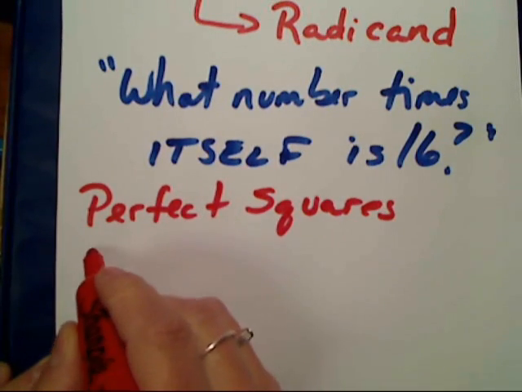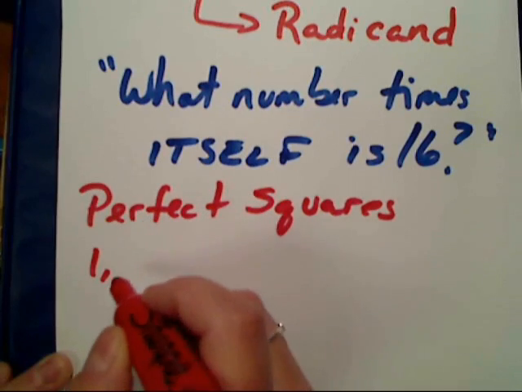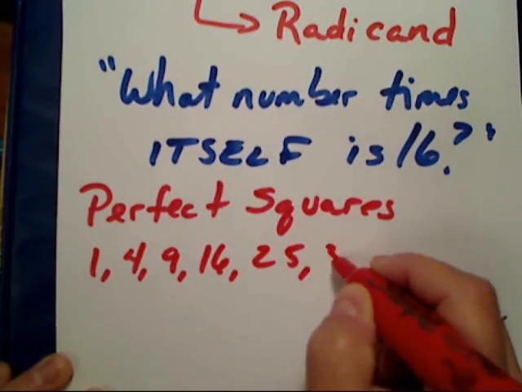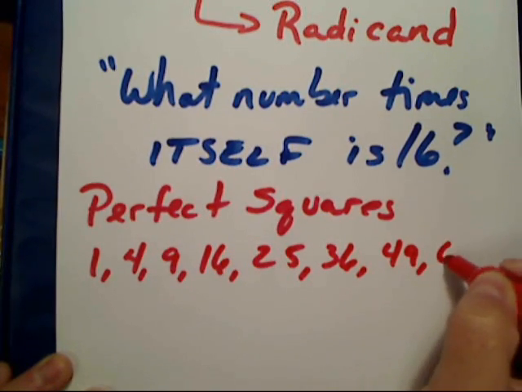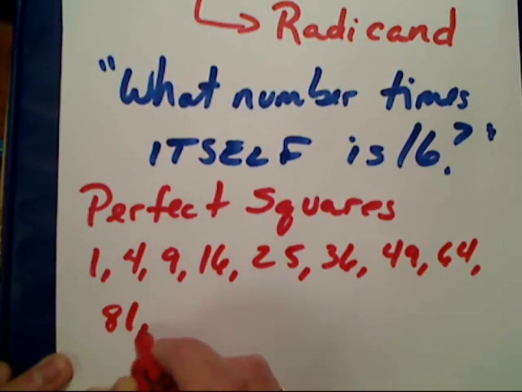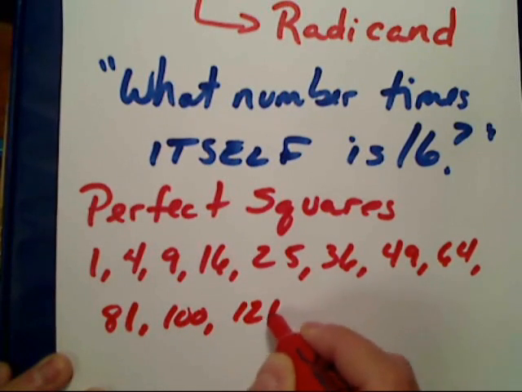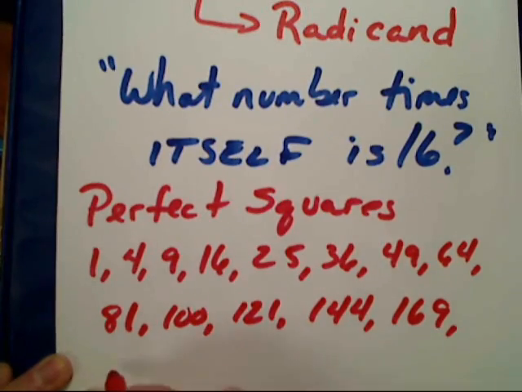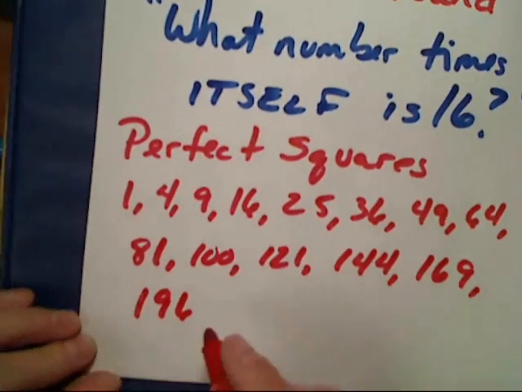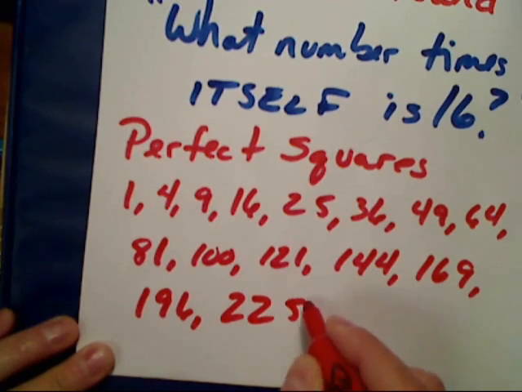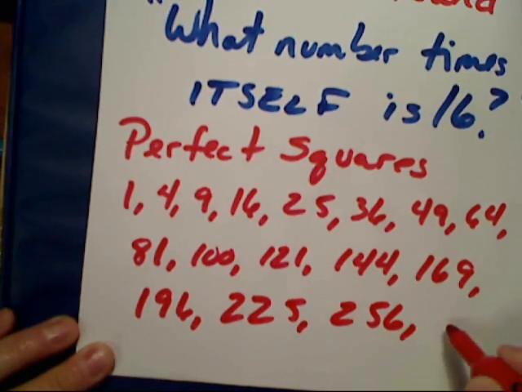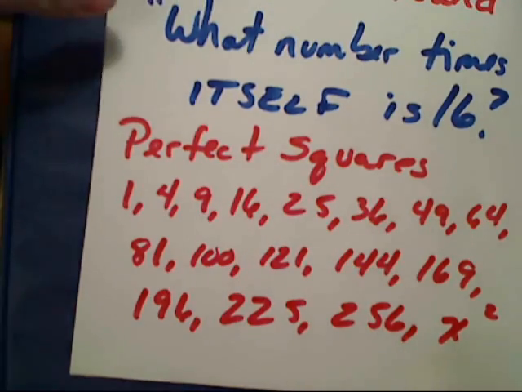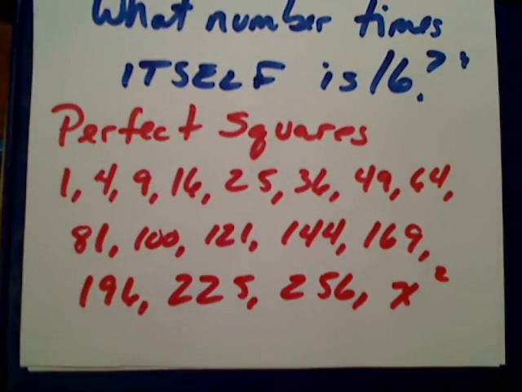And so our perfect squares are 1, one's a perfect everything, 4, 9, 16, 25, 36, 49, 64, 81, 100, 121, 144, 169, 196, 225, 256, x squared, etc. That would be your first 16. Those are probably the ones that we would be using the most often.